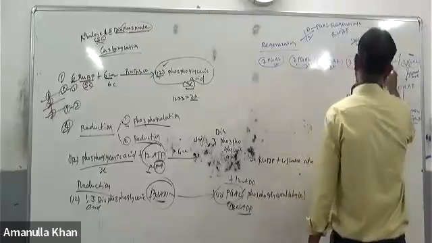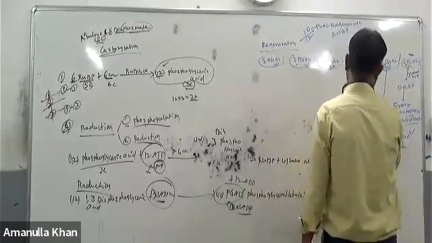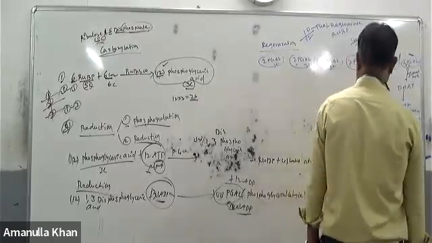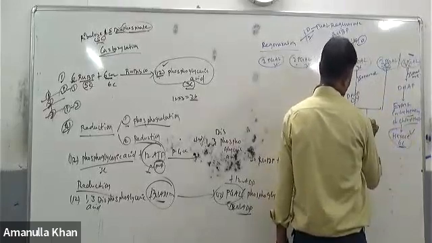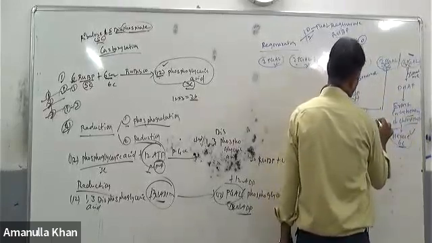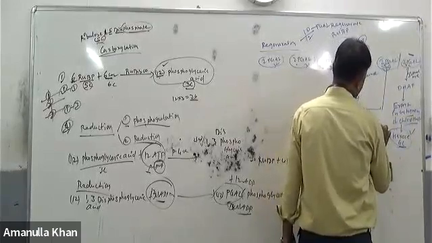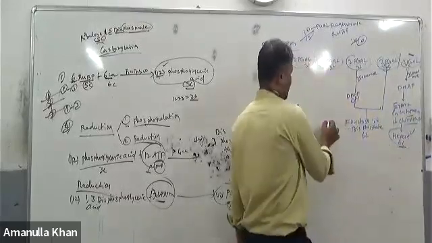This phosphoglyceraldehyde is a 3 carbon compound, DHAP also a 3 carbon compound, and 3 plus 3, a 6 carbon compound, fructose 1,6-bis phosphate is formed.